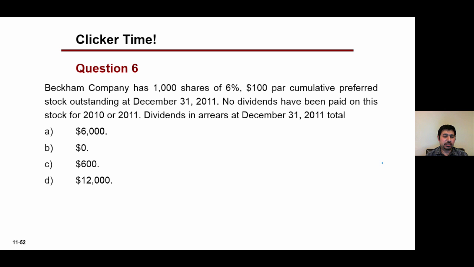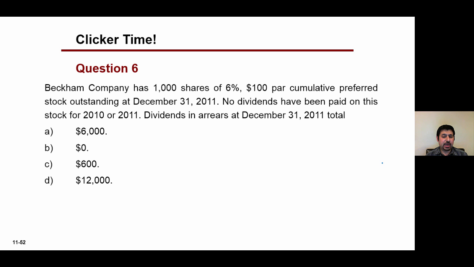So Beckham Company has 1,000 shares of 6%, $100 par cumulative preferred stock outstanding at December 31st, 2011. No dividends have been paid on this stock for 2010 or 2011.